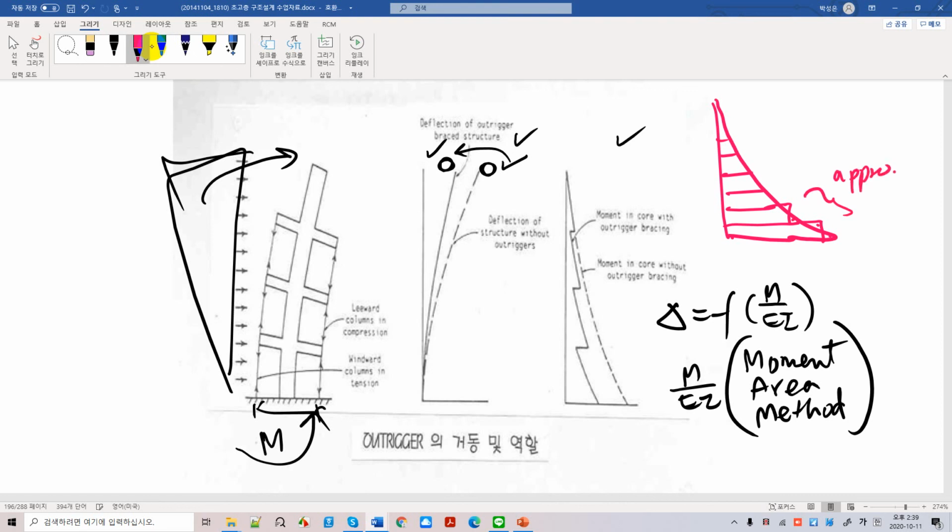If you have so many elements, then this approximation will yield exact solutions, right?